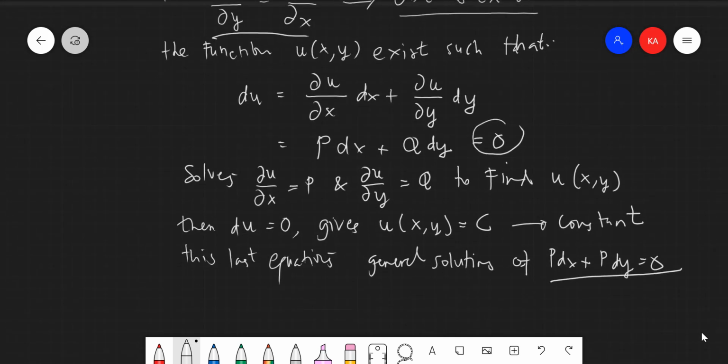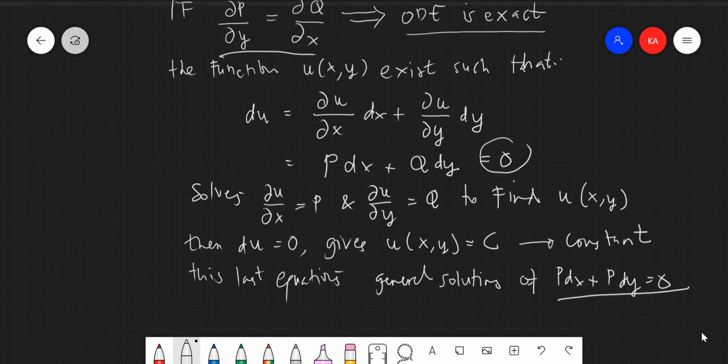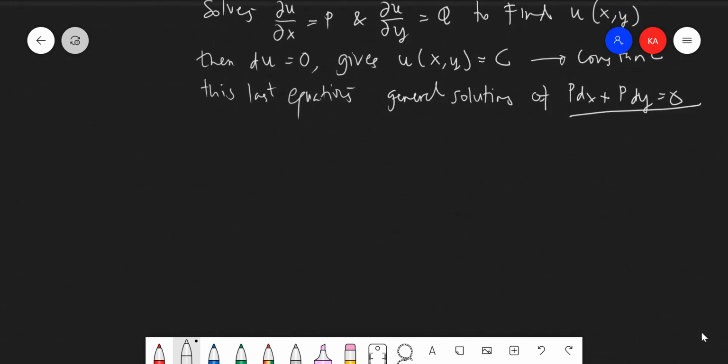Okay, so this is the procedure for how to solve the exact equation in ODE, and I give you one example in this video. So this is the exercise: 1 over x dy minus y over x squared dx is equivalent to 0.